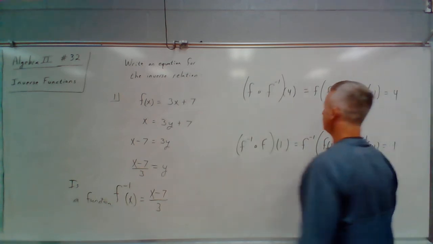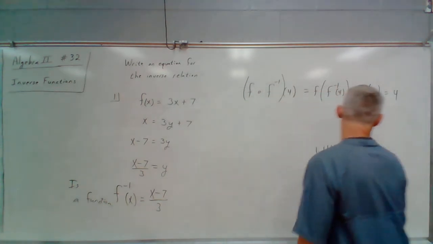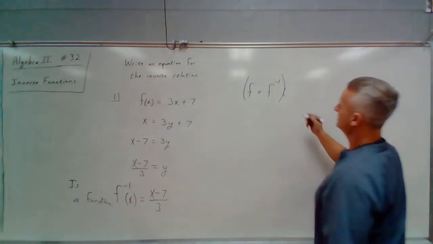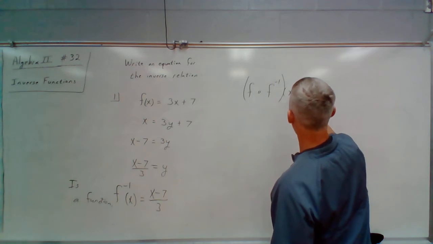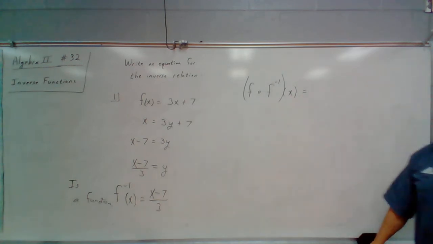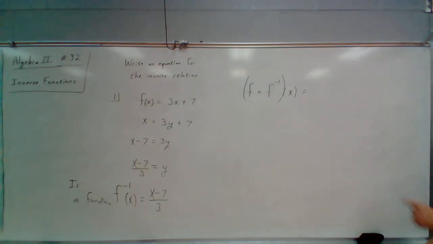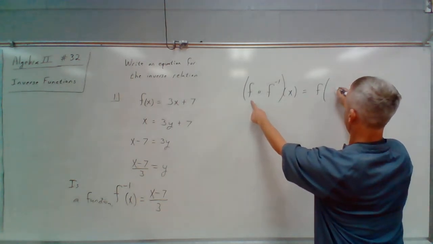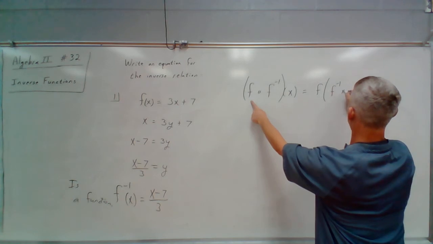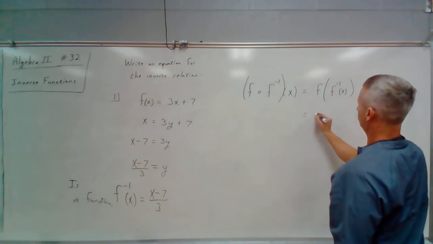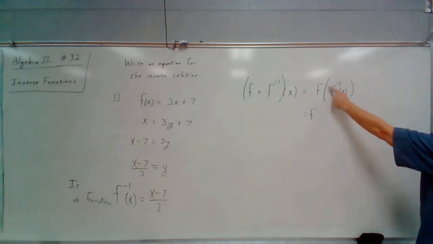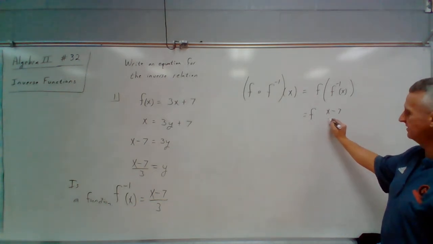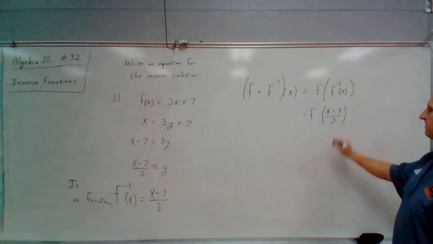All right, let's do that more generally now. So instead of a specific number, let's do f circle f inverse of x. Okay, so this will be a lot of fun. This means f of f inverse of x. f inverse of x is (x minus 7) over 3.